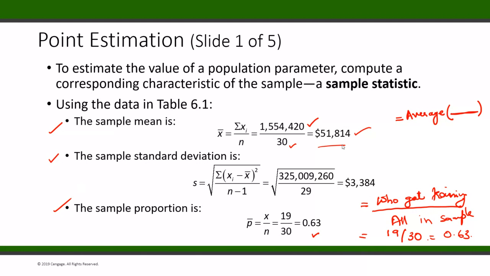You can keep doing this and take a lot of point estimates. You can say, okay, I'm not happy, I just want to take one more sample and see the average, standard deviation and sample proportion.